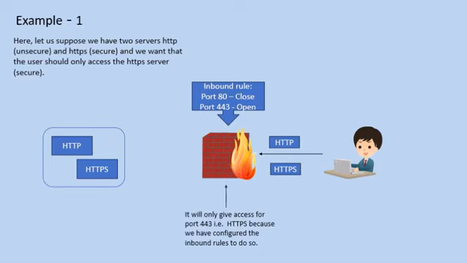Then it will give access for port 443, that is HTTPS, because we have configured the inbound rule. So the HTTPS will be accepted, whereas the HTTP will be blocked. In this way, a firewall is used with the inbound rule to access a particular server which is safe and secure.